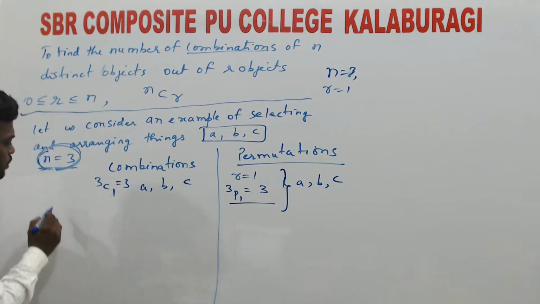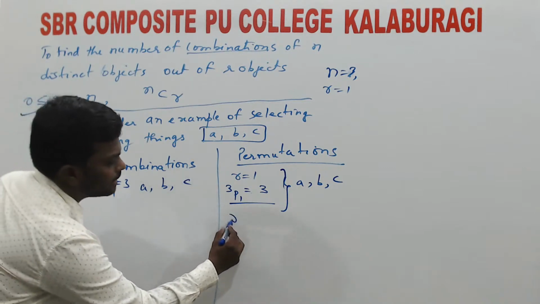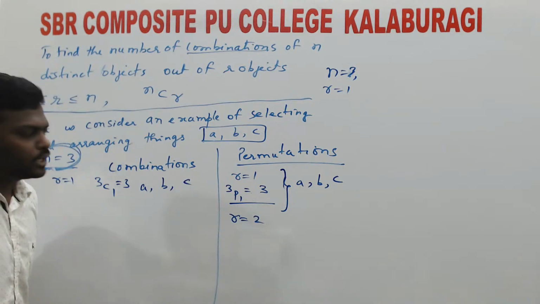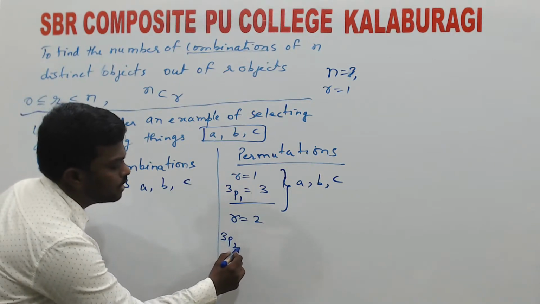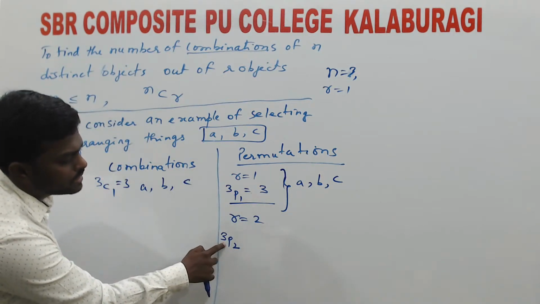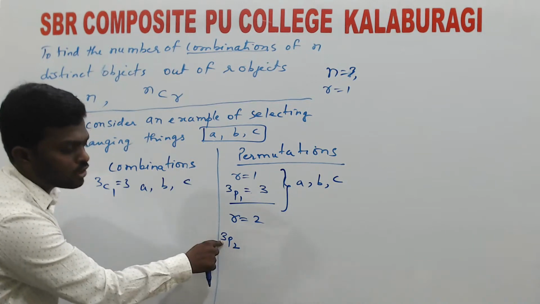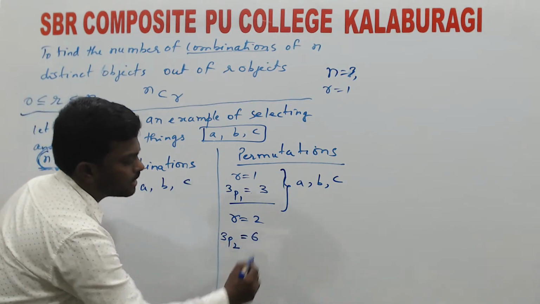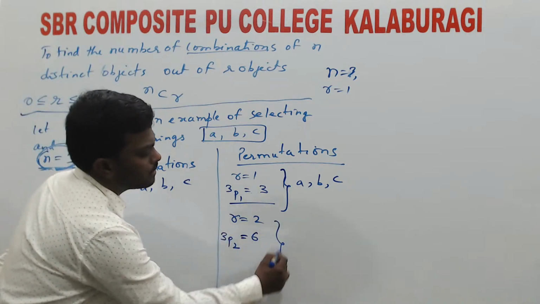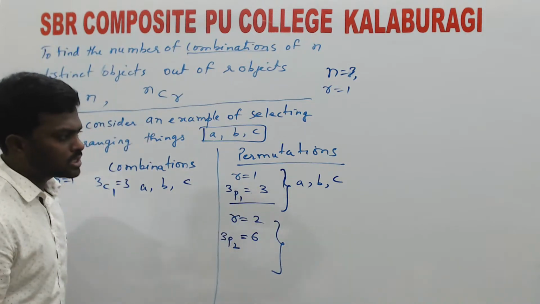And let's see, suppose you take two at a time. What will be the permutation? 3P2, taking two out of three. So what's the answer here? 6. Let me list all those things and see.